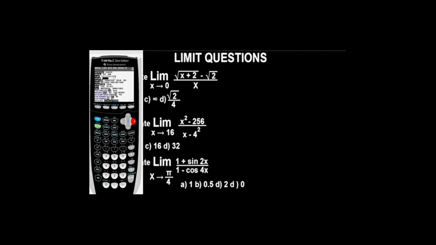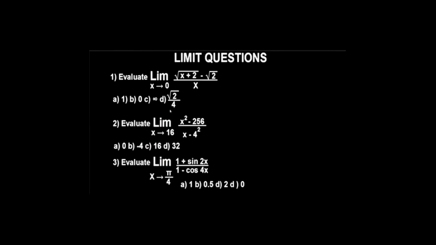So if yours is showing degree, just press the left navigation button to radian. Once you do it, you press enter, and it will change to radian. It's as simple as that, guys. Having done this, let's begin to solve this question now.